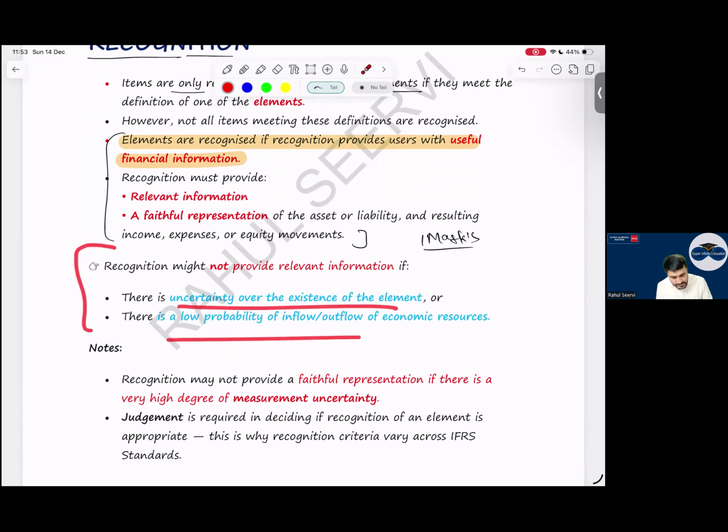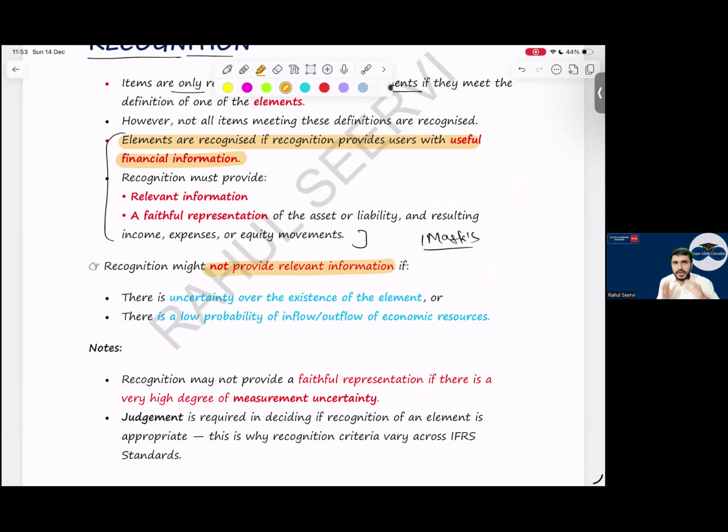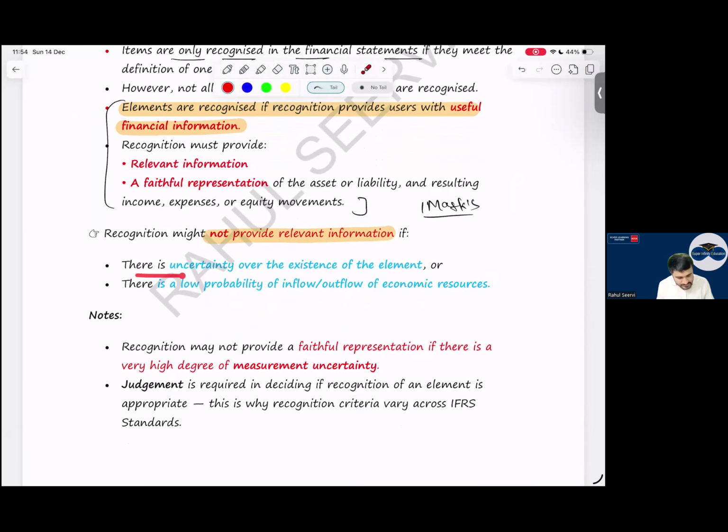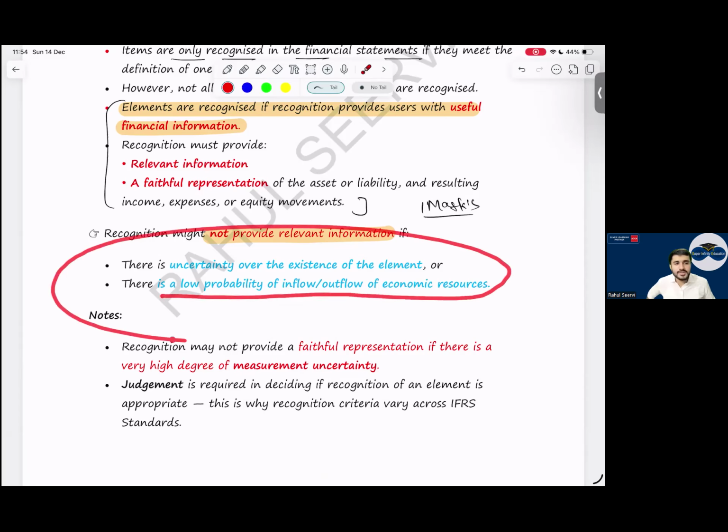See now. Recognition might not provide relevant information. Sometimes it will be an asset, but that asset recognition will not provide useful information. When? When there is uncertainty over the existence of the element. It is an element, but there is uncertainty whether this will occur or not. Or there is a low probability of inflow or outflow of the economic resource.